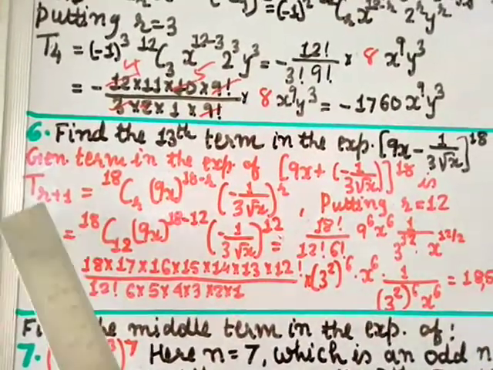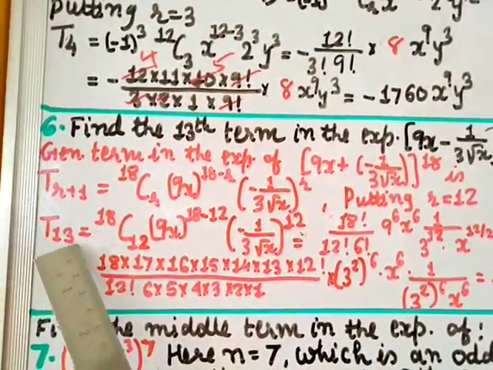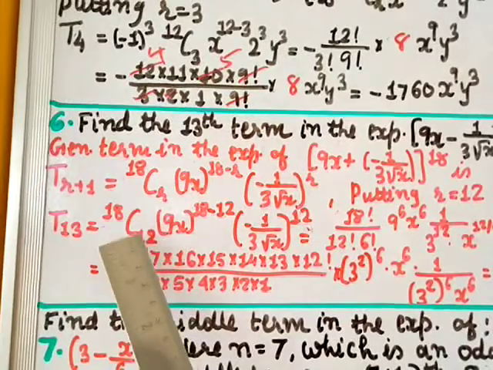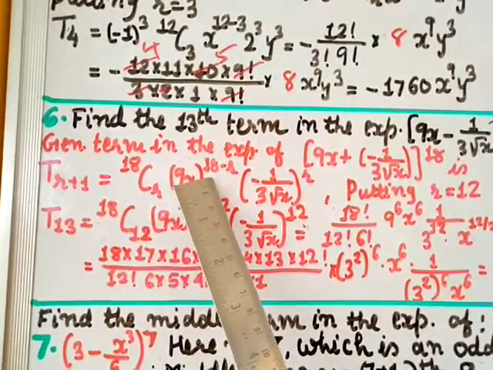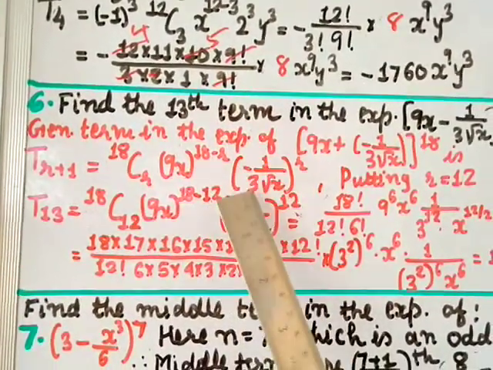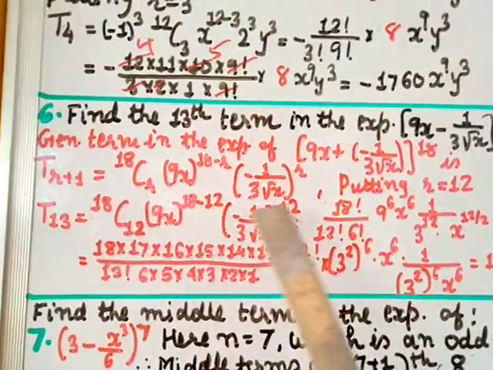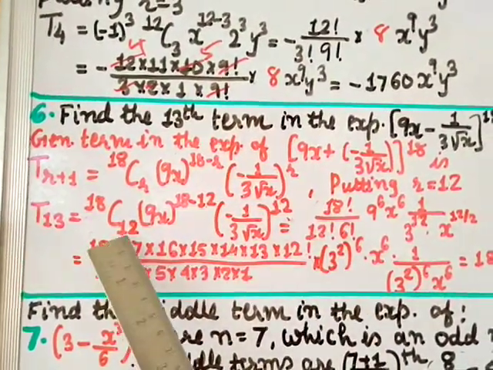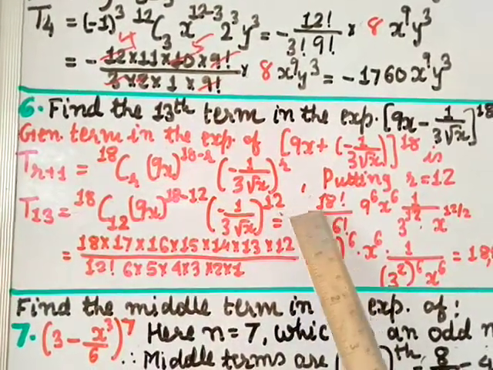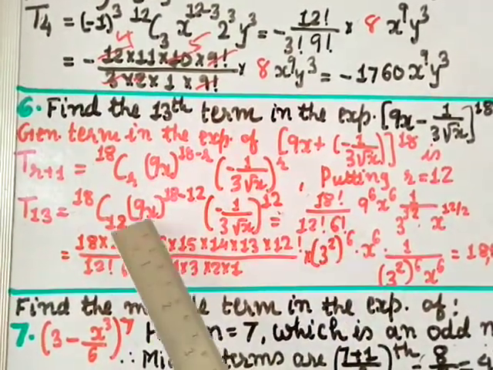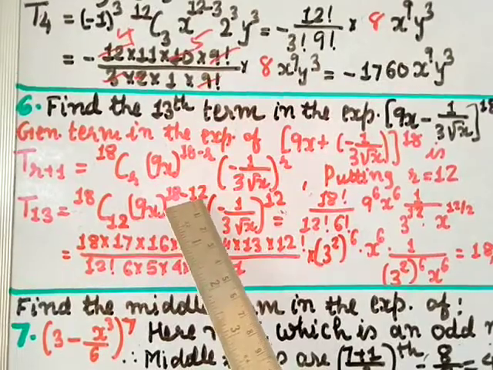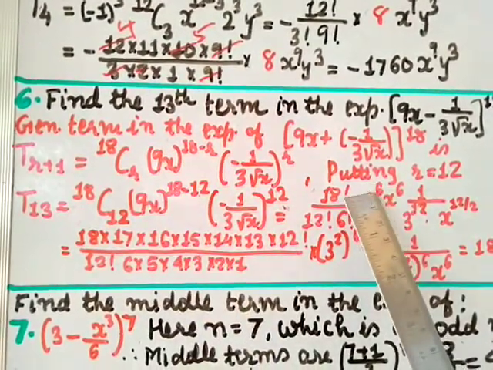So here 12 plus 1 will give you 13, equal to 18 c 12, 9x power 18 minus 12, minus 1 by 3 root x power r, that is 12. This 18c12 I can write as 18 factorial divided by 12 factorial into 18 minus 12 is 6 factorial. This 9 power 18 minus 12 is 6, so 9 power 6 and x power 6.